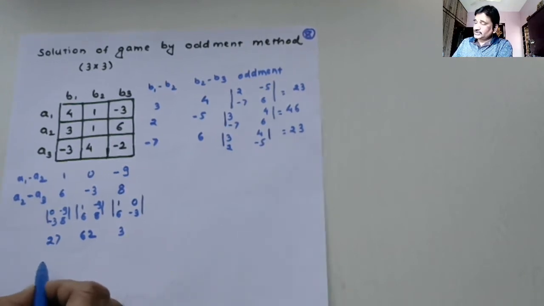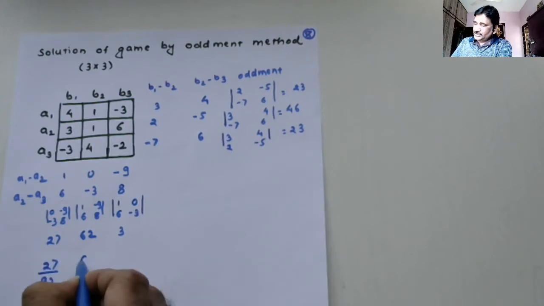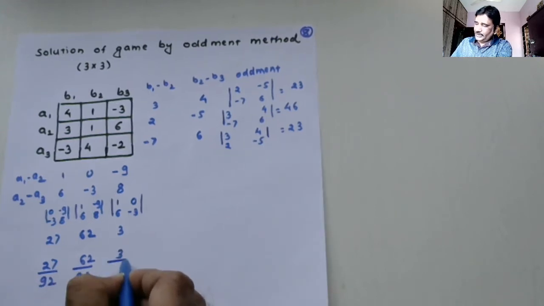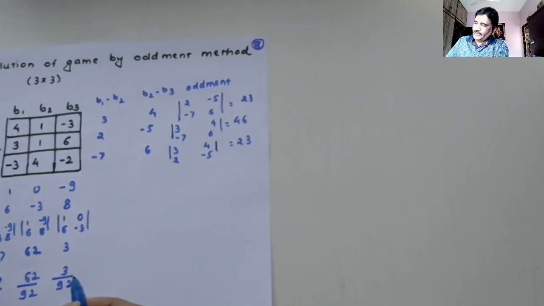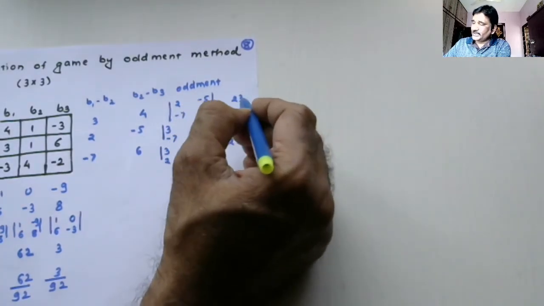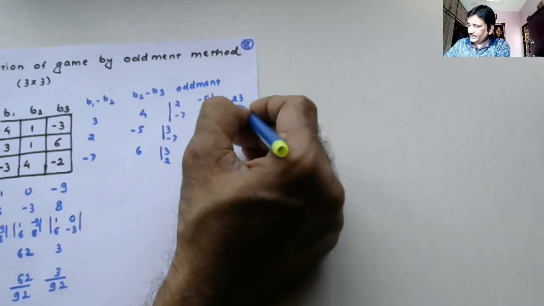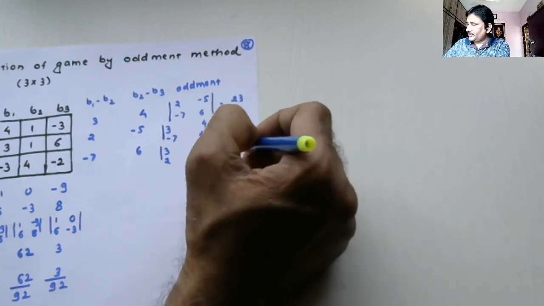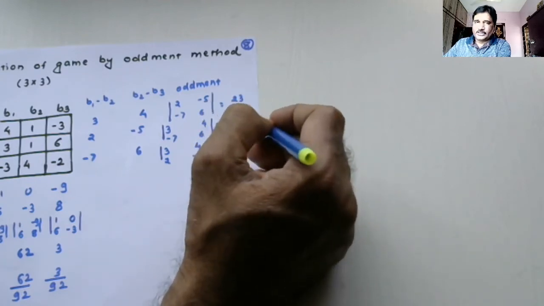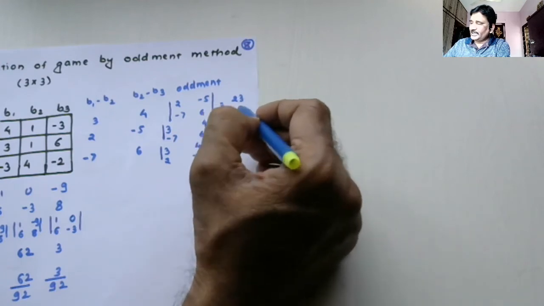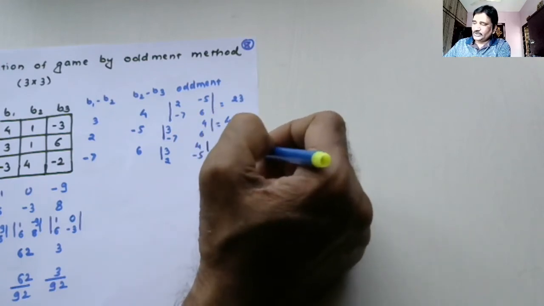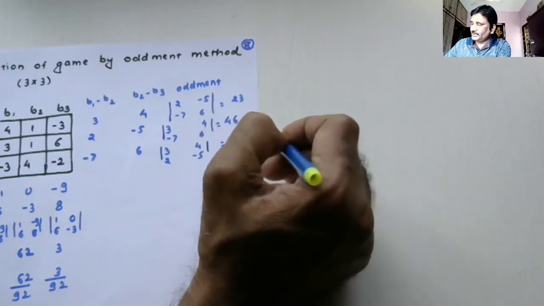So the proportions of courses of action B1, B2 and B3 are given by 27 by 92, 62 by 92 and 3 by 92. Whereas the proportions of courses of action A1, A2, A3 will be obtained by putting 92 in the denominator of each of these values, right? So 23 by 92, 46 by 92 and 23 by 92 will be the values.